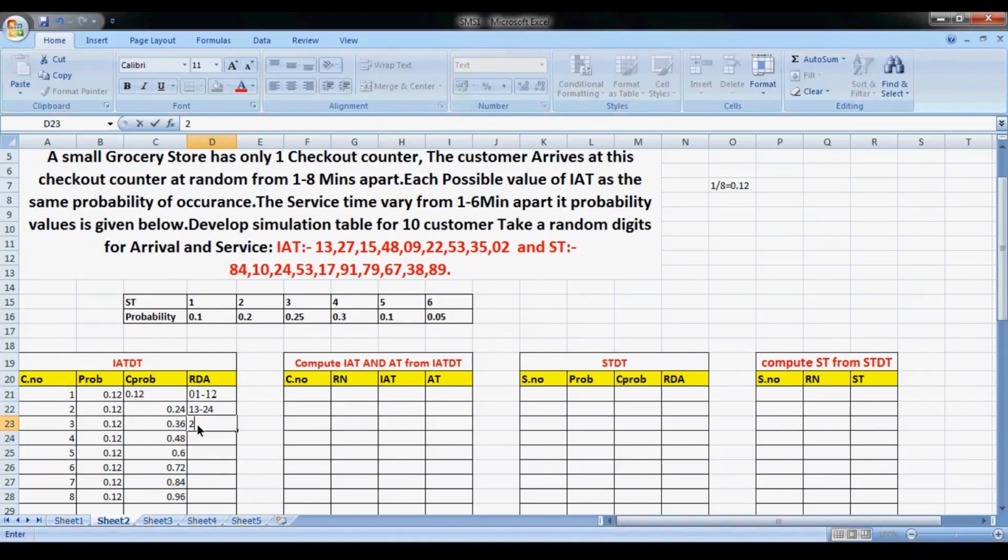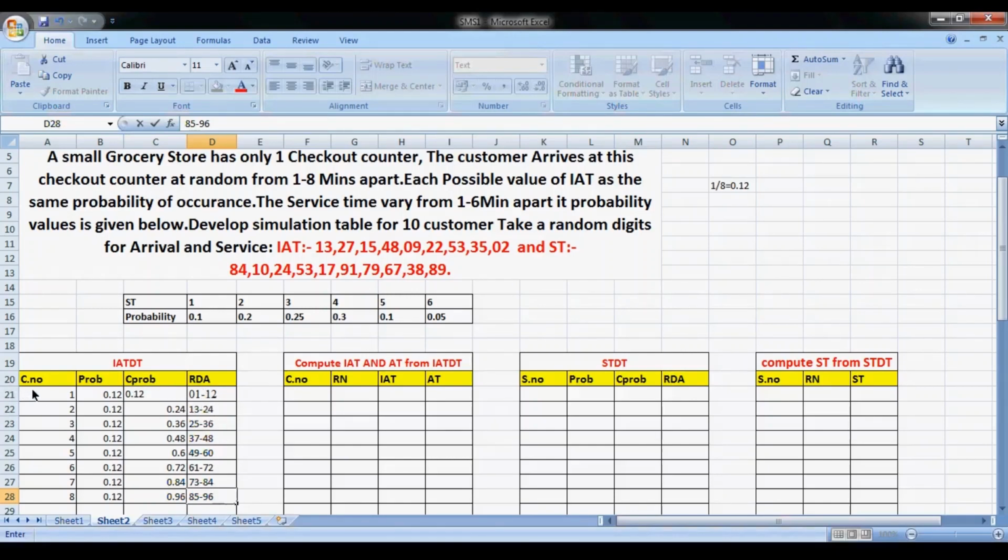Next is 25 to 36. The cumulative probability value is 48, so write 37 to 48. Next is 49 to 60, then 61 to 72, 73 to 84, and 85 to 96. This is how the random digit assignment is done for the interval time distribution table.